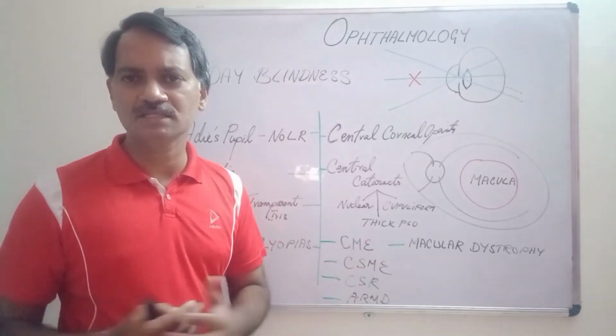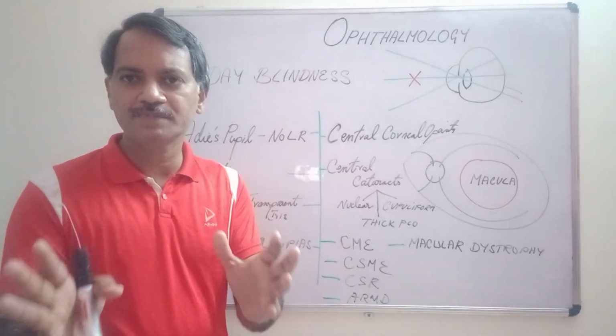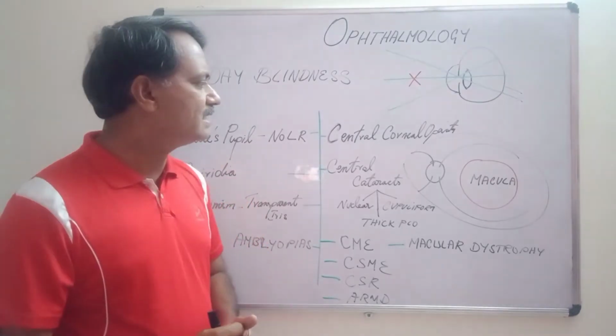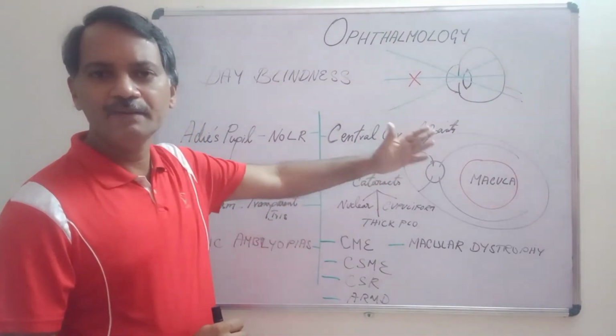So many conditions are there. The macula develops a dystrophy. It is a genetic disease. In these conditions, you may develop day blindness.